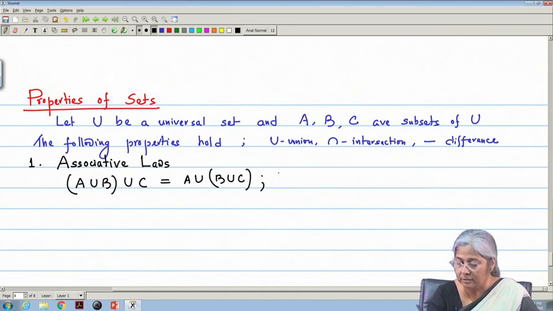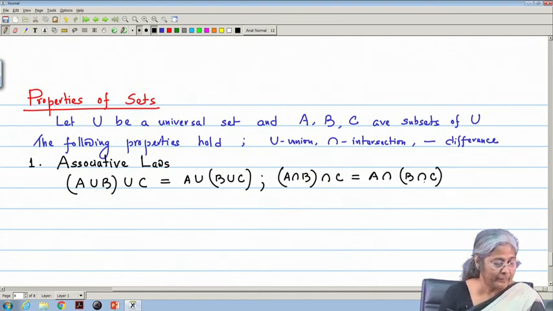So, if we just replace union by intersection, we will get A intersection B intersection C, that is the same as A intersection B intersection C.